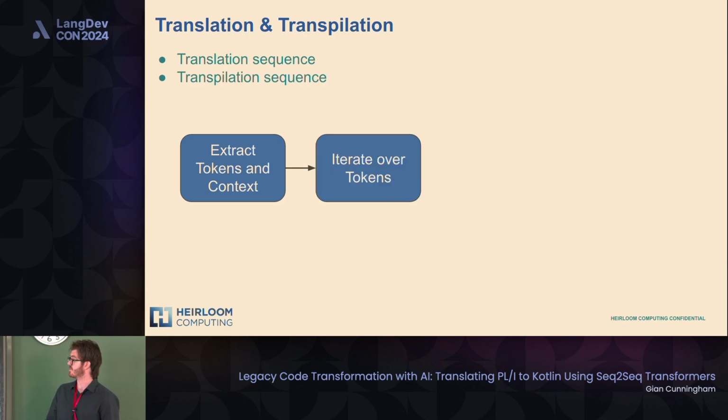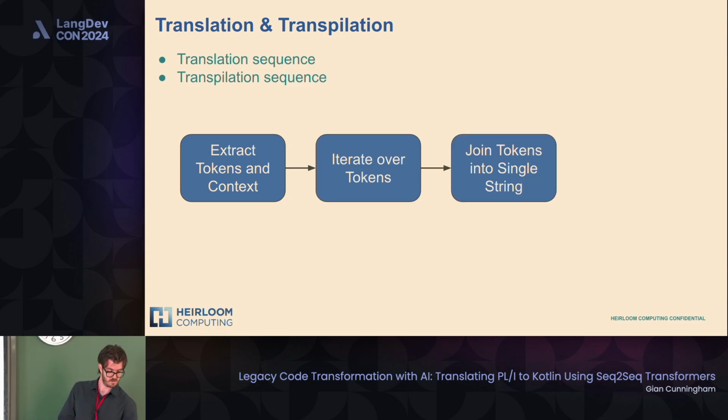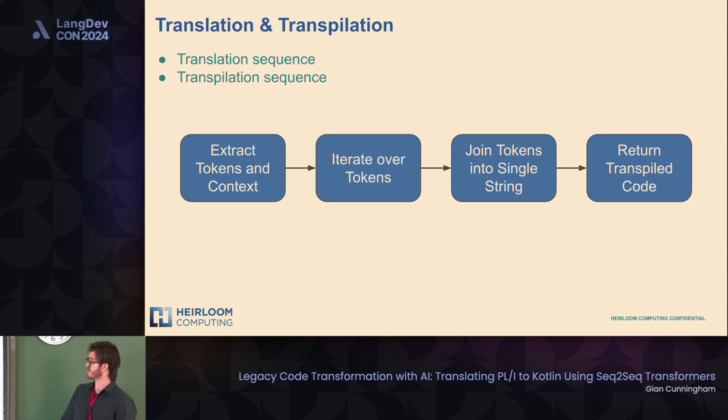We iterate over these tokens to adjust the nesting and the indentation. We then join all these tokens into a single string, and we can return our transpiled code, now formatted correctly.